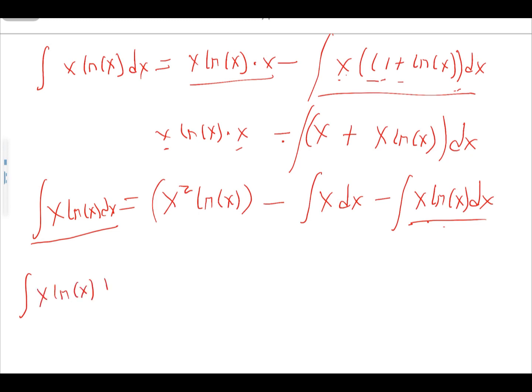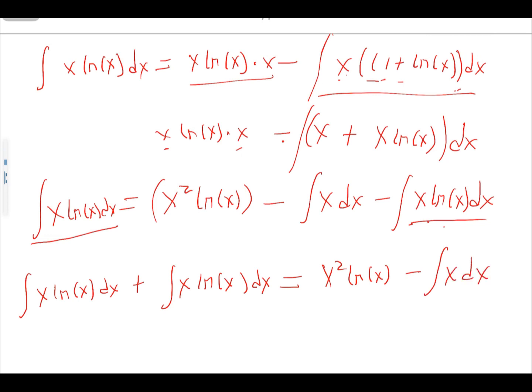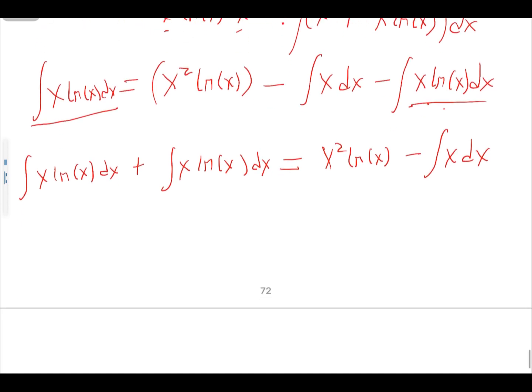So I have integral of x ln x dx over here, plus integral of x ln x dx over here, which is equal to x squared ln x minus integral of x dx. Now integral of x dx becomes simple.